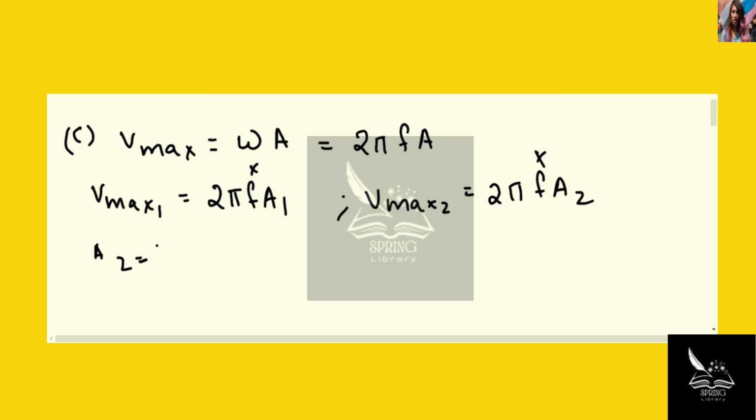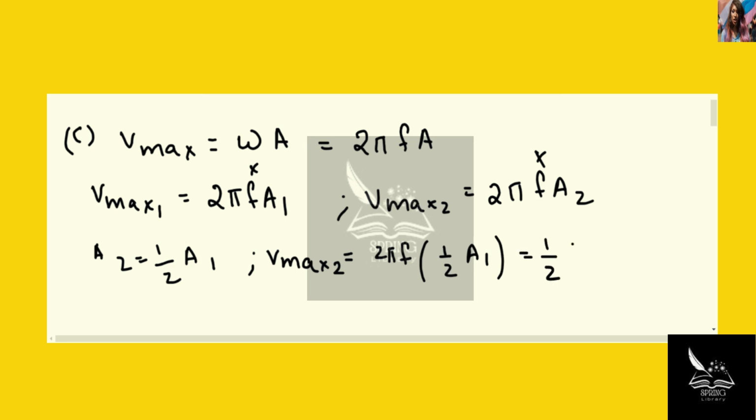Since A2 is half A1, V max 2 equals 2 pi f times half A1, that is equal to half V max 1. Because A2 is half of A1, V max will also be half of the maximum velocity in case 1. Understood this much?